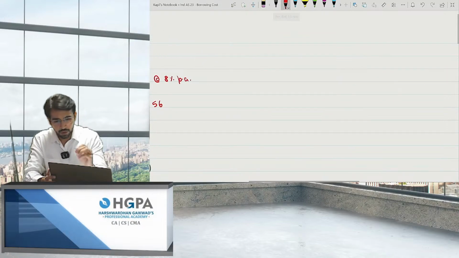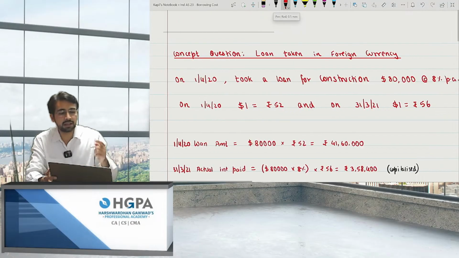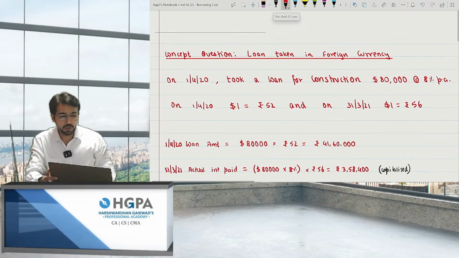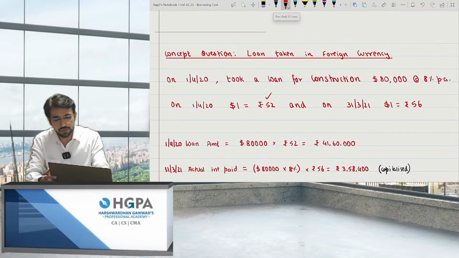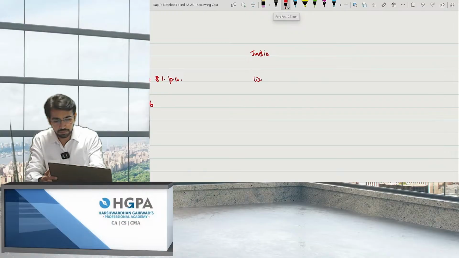See, you took a loan. So if we are in India, obviously I do not record in dollars. I have to record in rupees. So I need a conversion rate. So obviously I'll take the conversion rate when I took the loan. So it was $80,000 and the rate was 52 at that point of time. So what was the journal entry of loan taken? So you will say bank account debit to 8% bank loan.